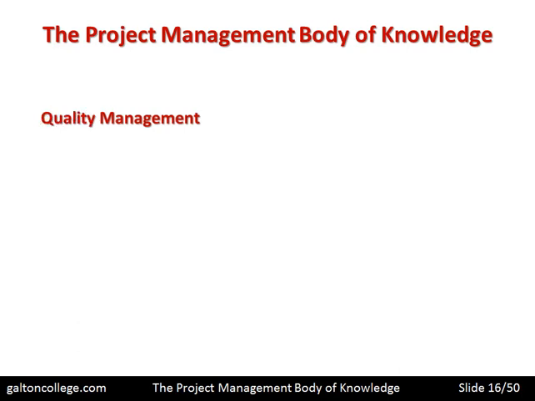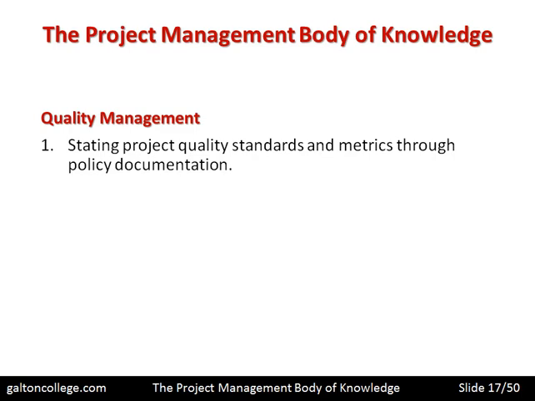Now quality management. Well, stating project quality standards and metrics through policy documentation. It's important that quality standards are defined. It's not really acceptable to simply say the project will have good quality.